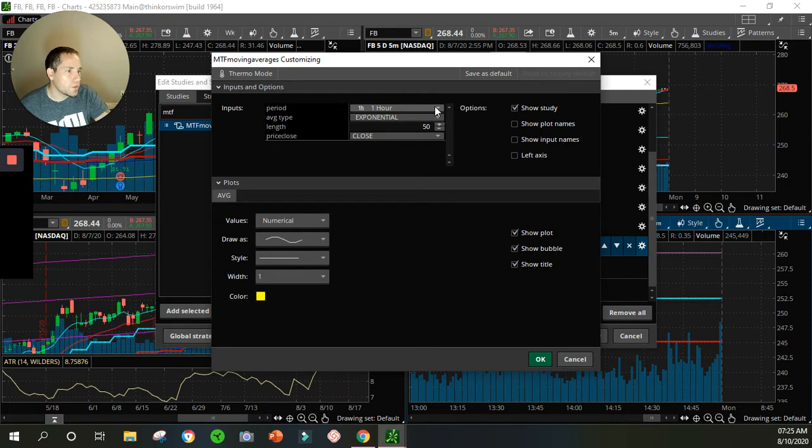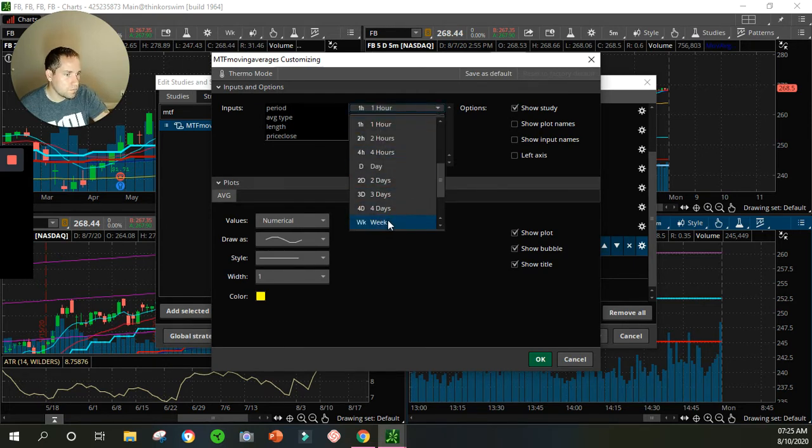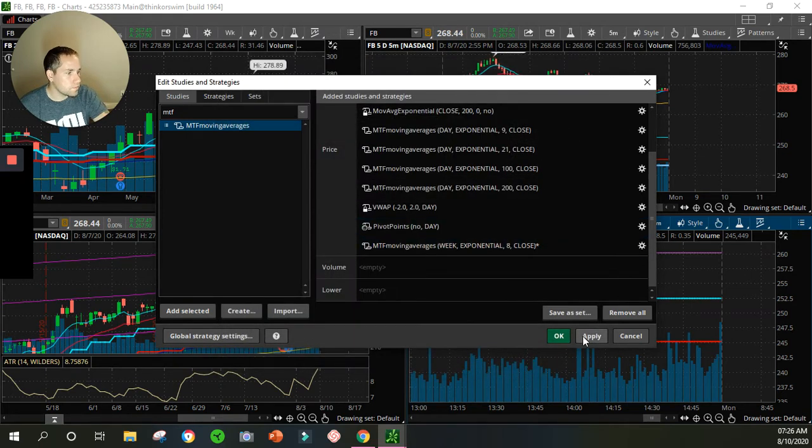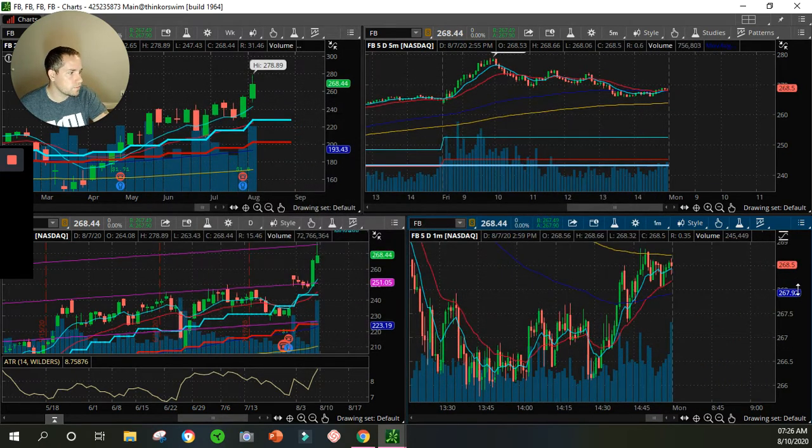So I'm wanting to put the weekly moving average, and we're going to do the 8 EMA, and my 8 EMAs are all this color, and it's going to go a boldness of 3 since it's the weekly. If it was the monthly, I'd go 4 for the bold, and then apply, hit OK.